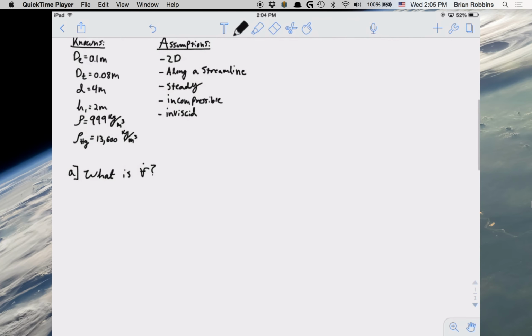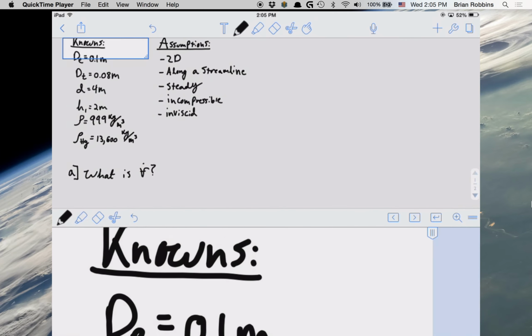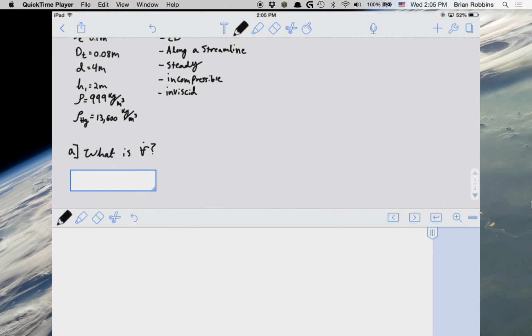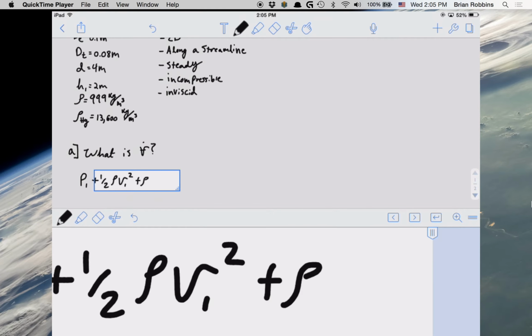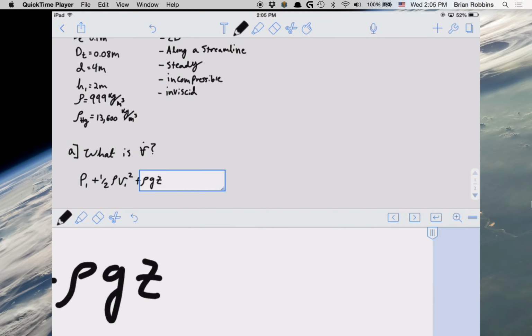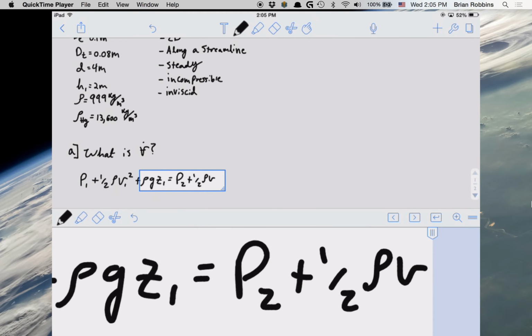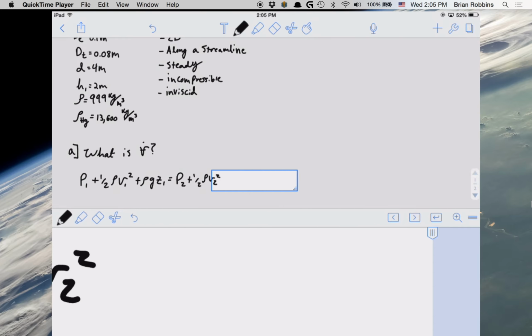Okay, so let's go ahead and write down Bernoulli's equation for our streamline. So we got P1 plus 1/2 rho V1 squared plus rho G Z1, which is equal to P2 plus 1/2 rho V2 squared plus rho G Z2.